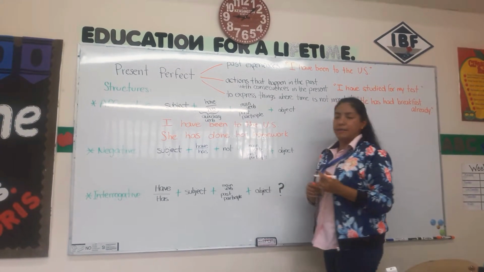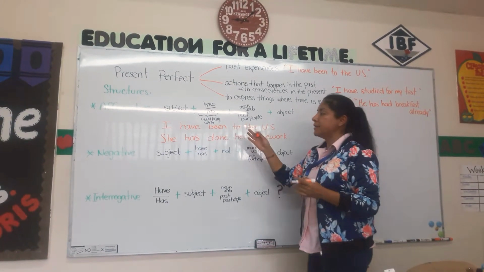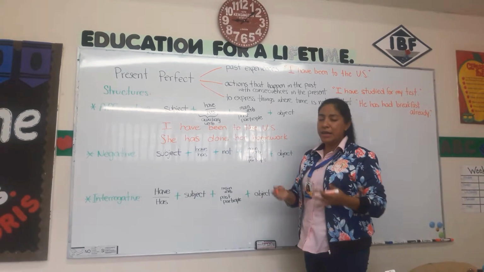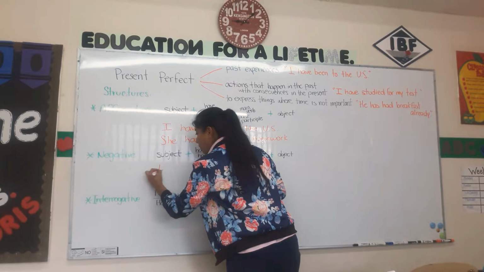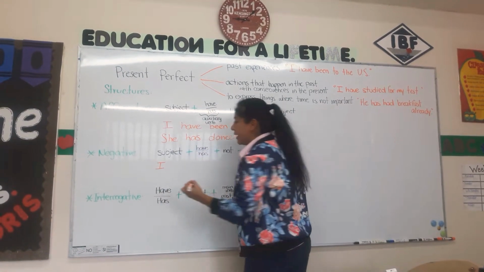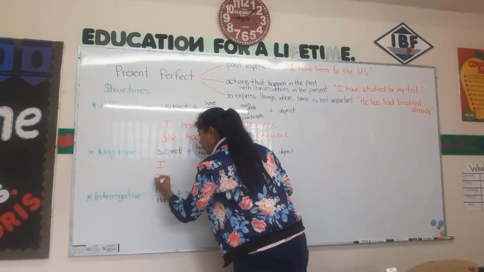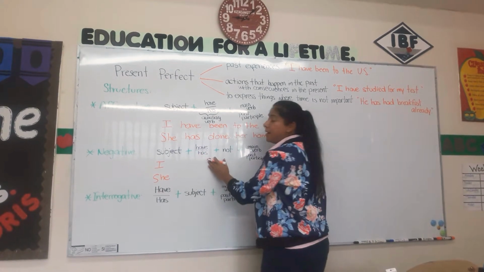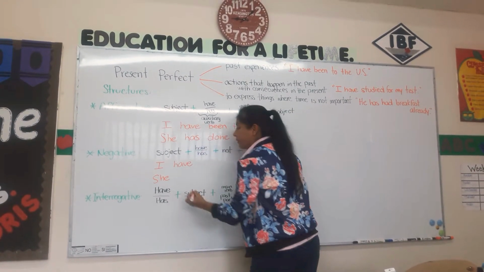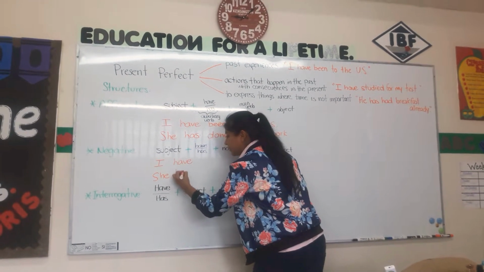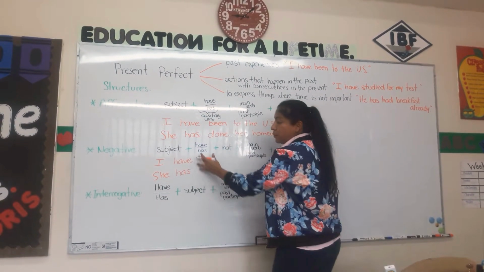What about the negative? Well, it's kind of the same structure, but we need a negative word. In this case, we're going to start with the subject again, then the auxiliary verb in present, I have or she has. This rule doesn't change.